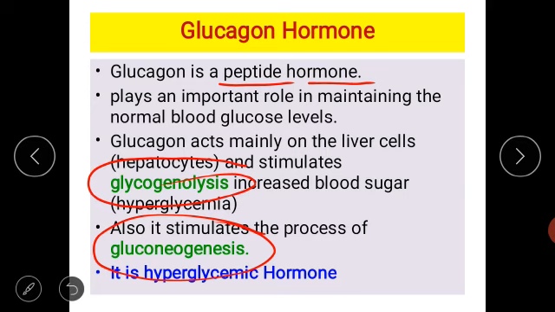Which means the decreased blood sugar level is brought back to normal by glucagon. Hyperglycemic means a decreased blood sugar level is increased; hyper is high, glycemic is glucose. So it is a hyperglycemic hormone.